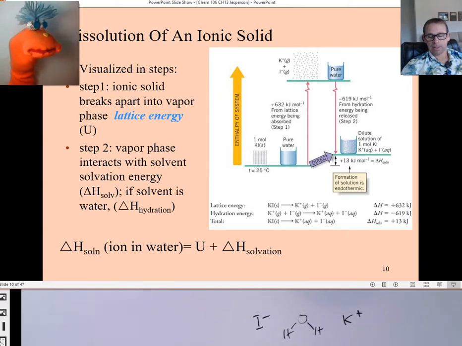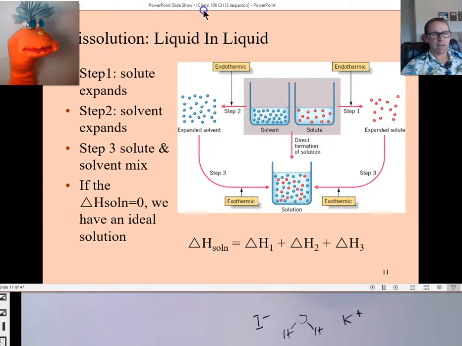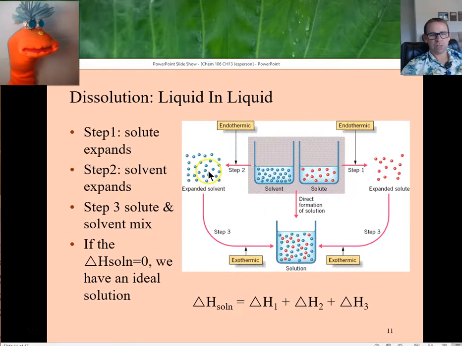That's right. So hot packs and cold packs are examples of compounds that are separated, and then when you mix them together, the resulting shifting in intermolecular forces either requires energy or releases energy. This same type of thing can happen when you're mixing two liquids together.